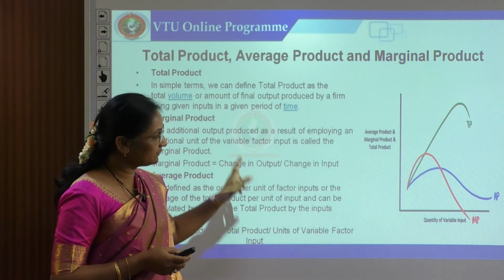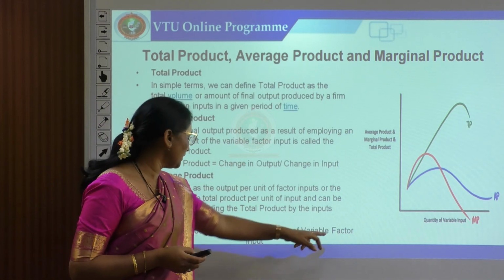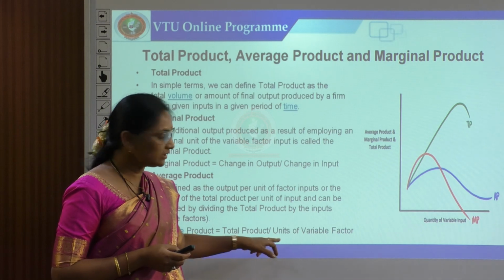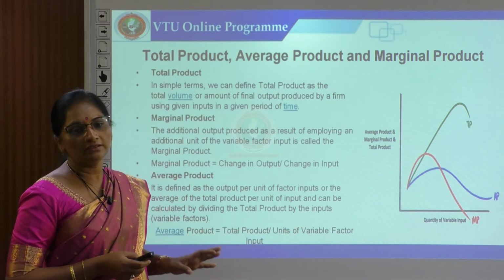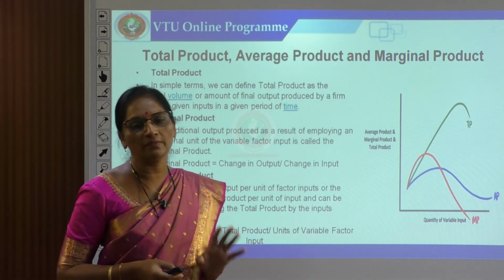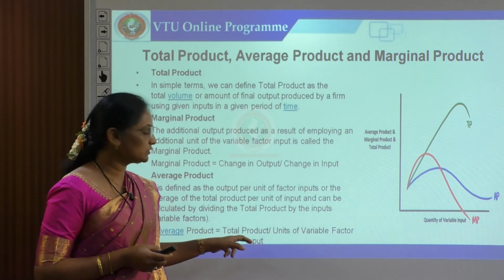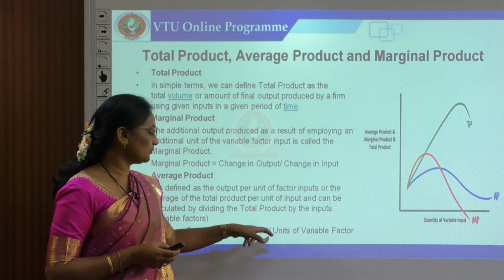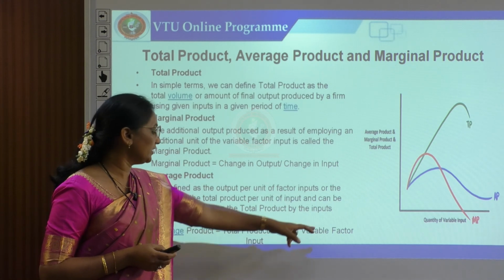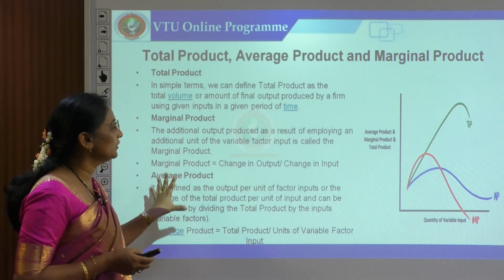Because these concepts are applicable to the short run, we take units of variable factor inputs and do not consider fixed factors, because in the short run there is no contribution from the fixed factors; only variable factors may change the output level. So the average product for the short run is total product divided by the units of variable factor inputs.